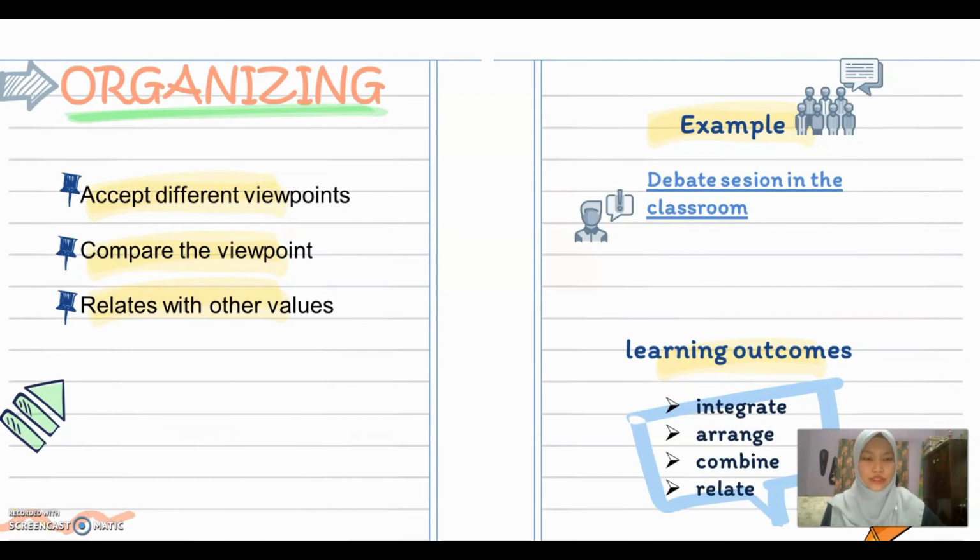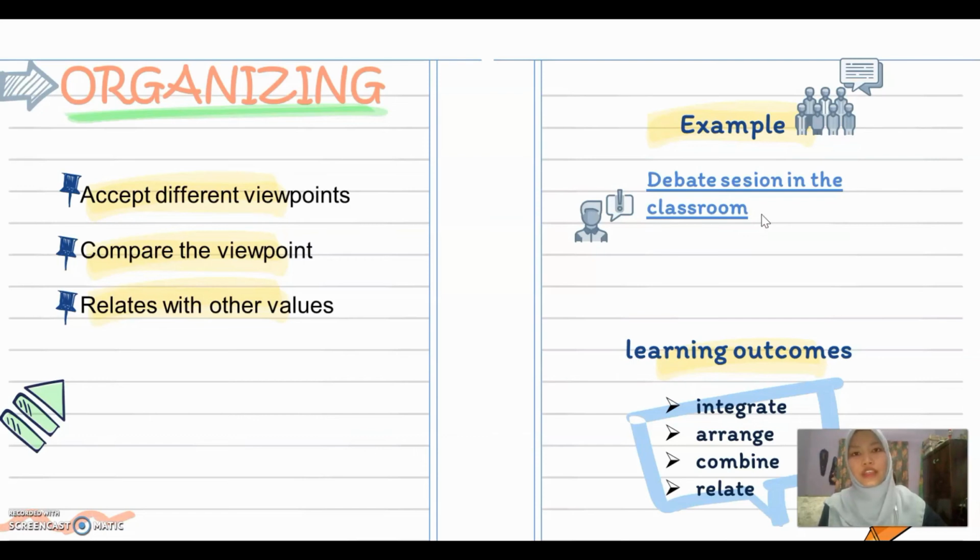For example, a debate session in the classroom. Let's say the teacher made her students do a debate session about whether doing exercise will help you to improve in your study or not. In that session, the students will exchange their different opinions.